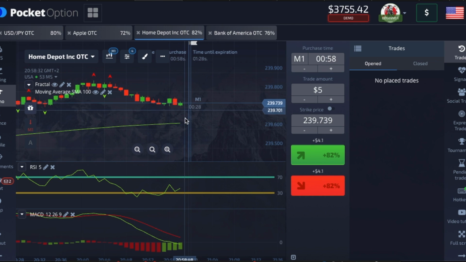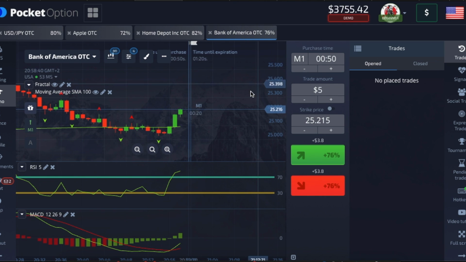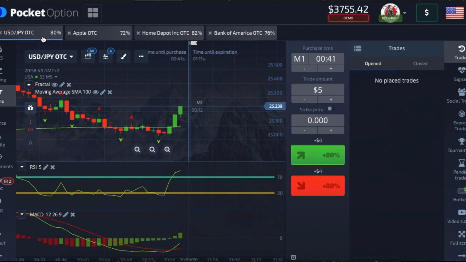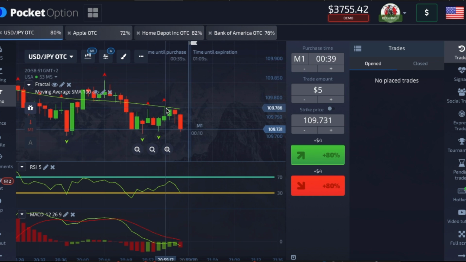Once it closes out, then I'll go ahead and jump back in. So here it is on USDJPY, showing that it's going down. And I'll buy. That was an extremely long candle. So let's see. What was it? Bank of America it was. All right, we're gonna go up on that.